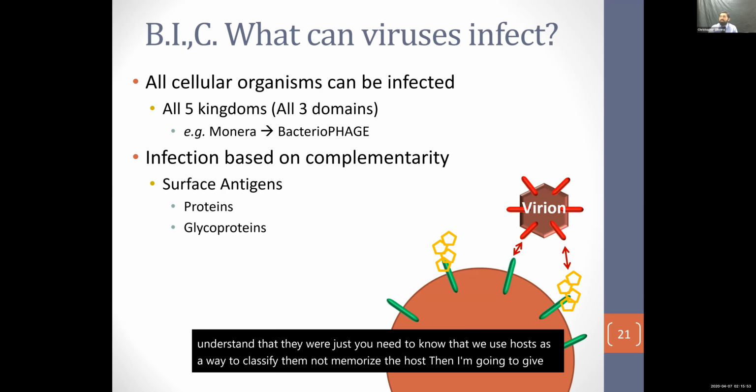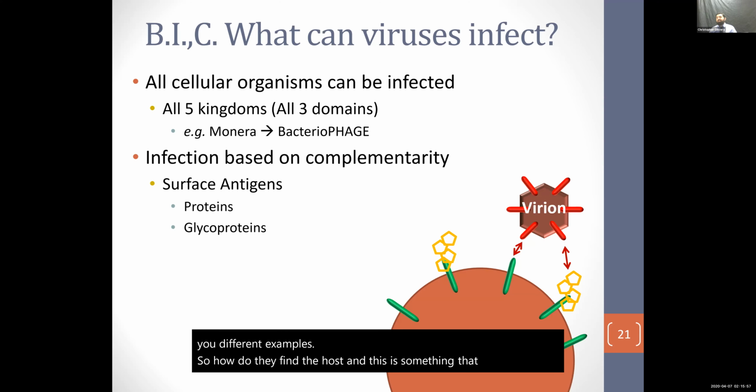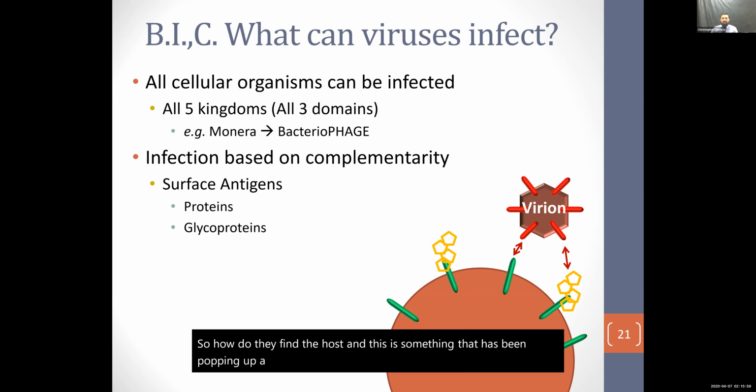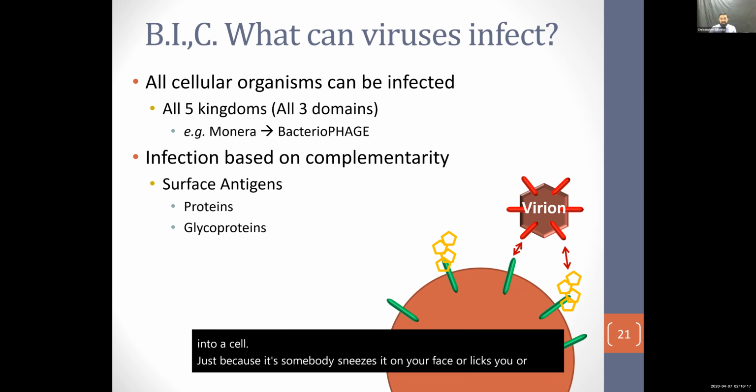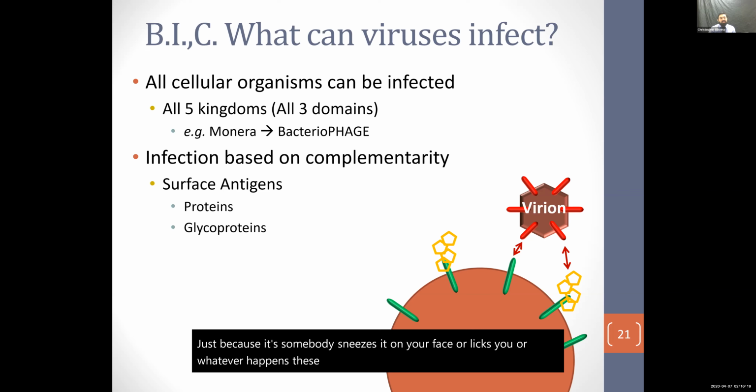But I'm going to give you a few different examples. So how do they find the hosts? And this is something that has been popping up a lot, especially due to the coronavirus stuff, right? First of all, a virus can only actually try and kill you if it can get into a cell. Just because somebody sneezes it on your face or licks you or whatever happens these days, doesn't mean you're going to get infected.